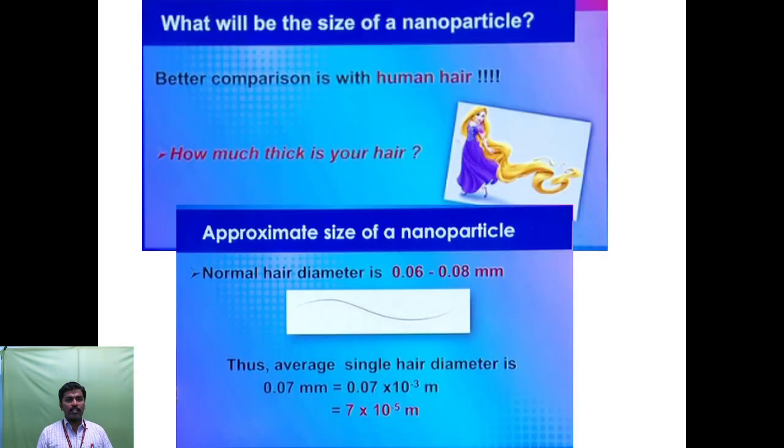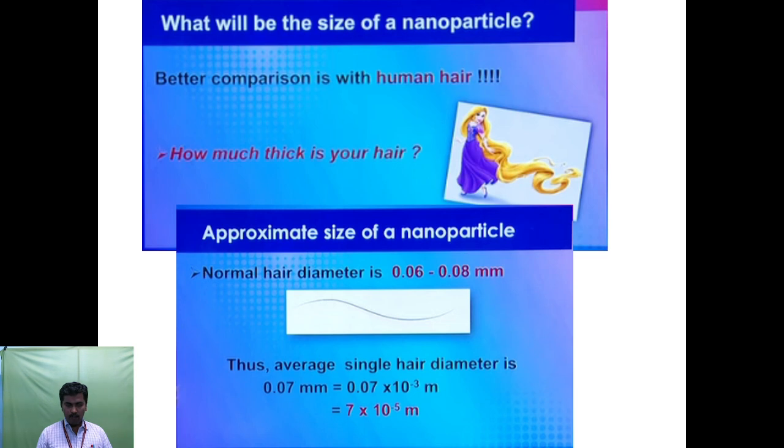What will be the size of the nanoparticle? Compare it with the human hair. How thick is your hair? The approximate size of the nanoparticle compared with the human hair: the average single hair diameter is 7 times 10 power minus 5 meter.